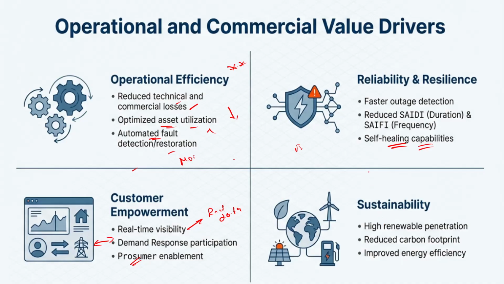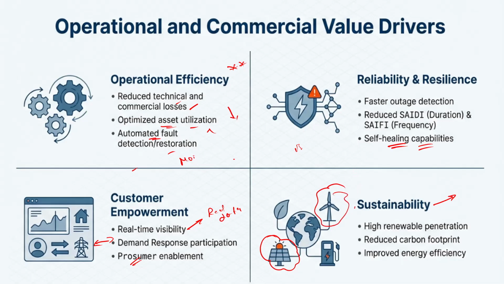And the sustainability, yes, we have high renewable penetration. When we have the smart grids, many will invest in solar power and wind, and basically we are trying to get rid of the coal and also the nuclear power plants. When we do that, sustainability will grow, and we will be relying more on solar panels and wind.